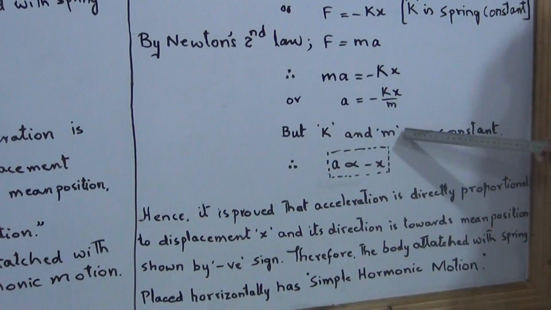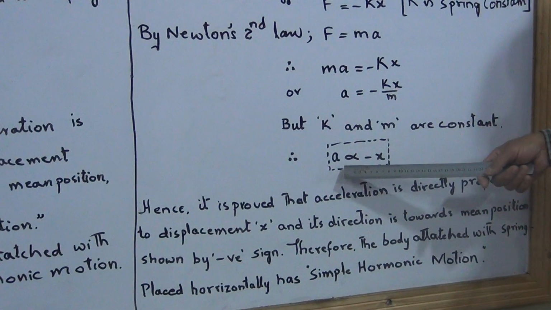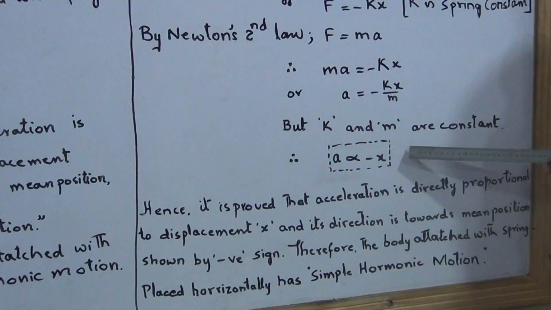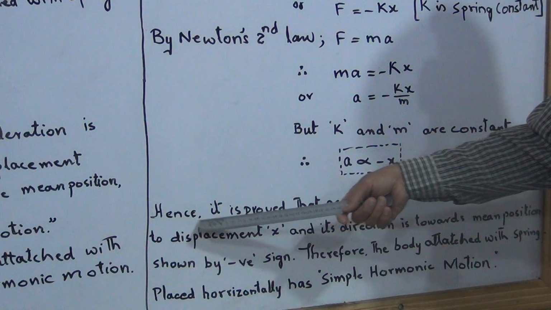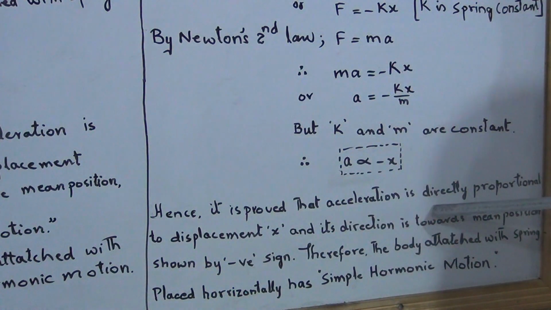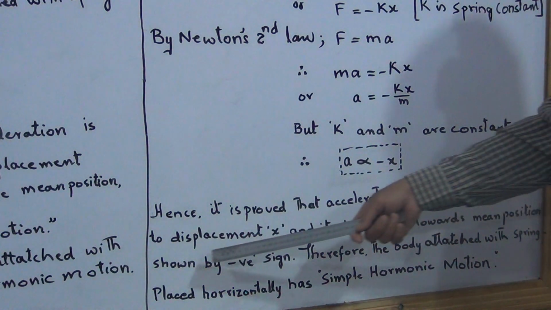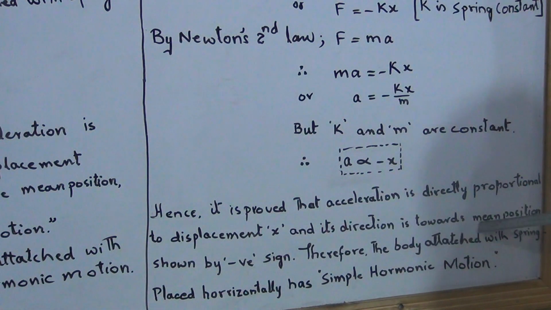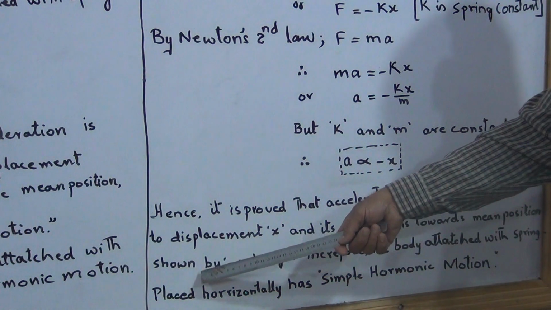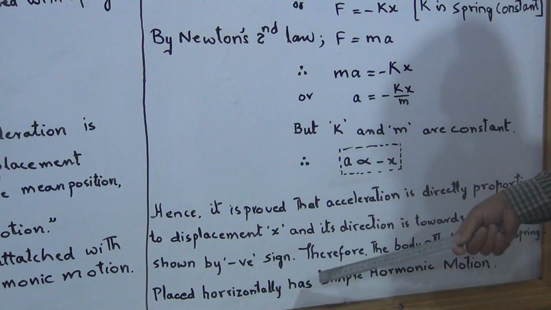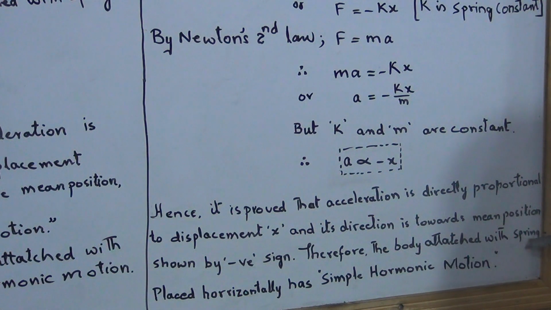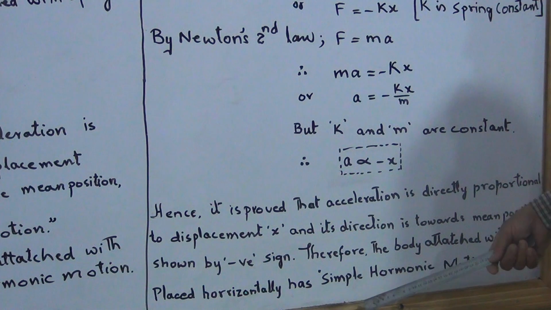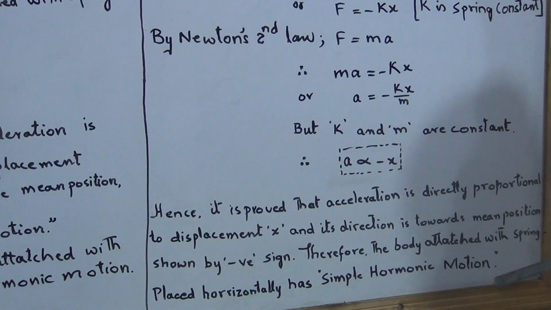By removing these two constants, we get a is proportional to minus x. We had to prove this. It is proved that acceleration is directly proportional to the displacement x, and its direction is towards the mean position, shown by the negative sign. Therefore, the body attached with the spring placed horizontally has simple harmonic motion.